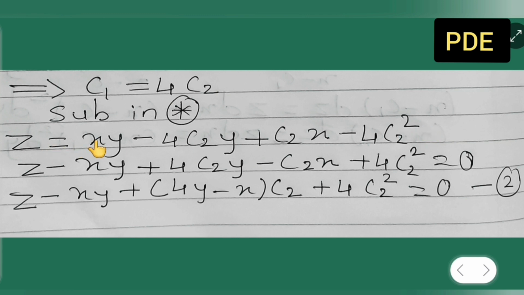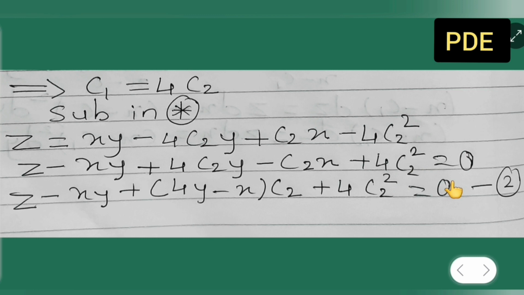Now what you all have to do is take these values to the left hand side. So z, xy was positive, right? Take it to the left hand side, it will become negative, minus xy. This is negative, it will become positive if you take it towards the left side. So plus 4c2y minus c2x plus 4c2 square is equal to 0.